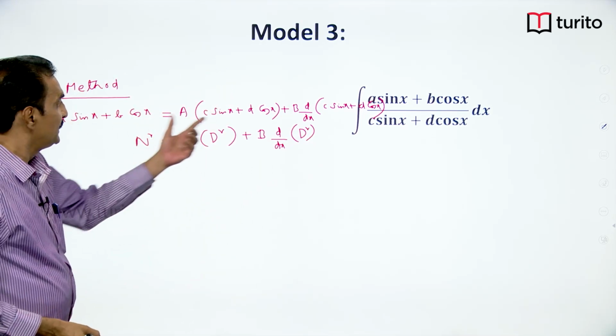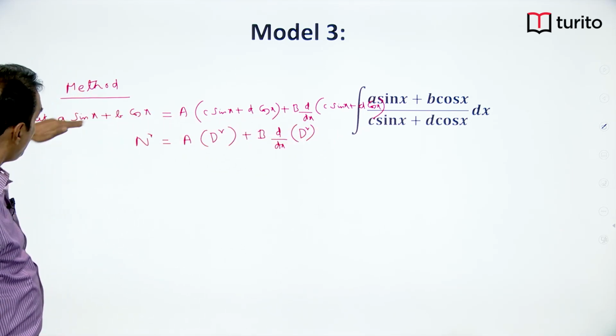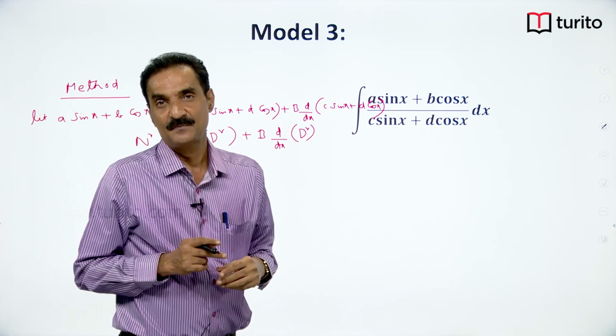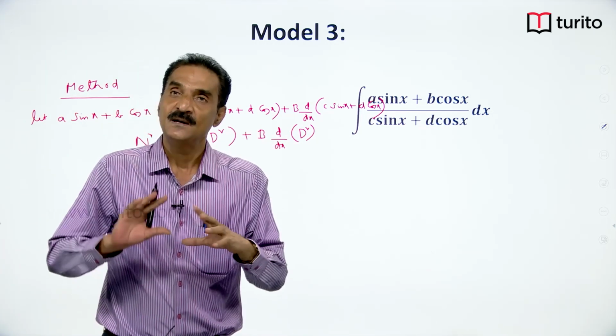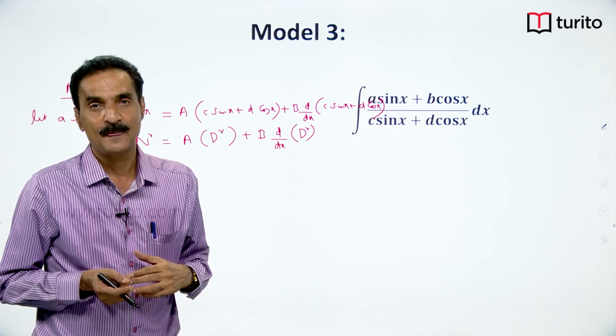Then the derivative of c sin x plus d cos x you can calculate. Then comparing the coefficients of sin x and cos x, you will get two equations in capital A and capital B. By solving the two equations, you can get the values of A and B.